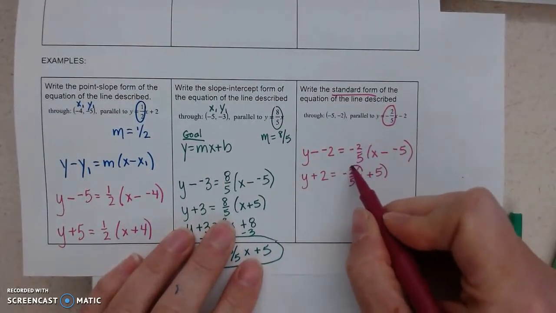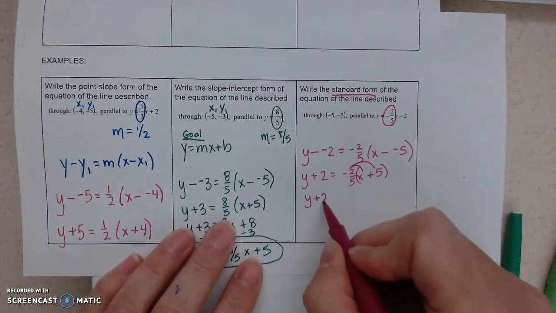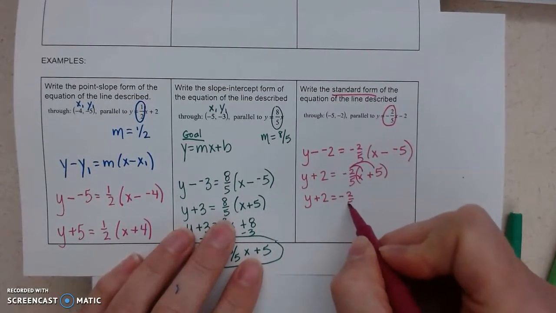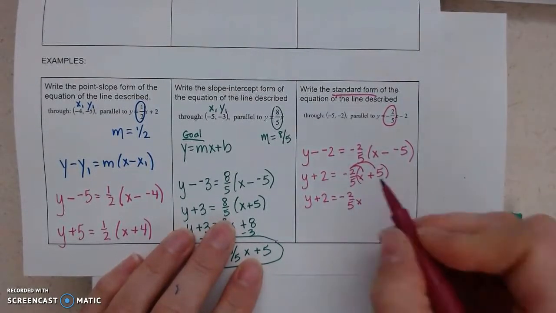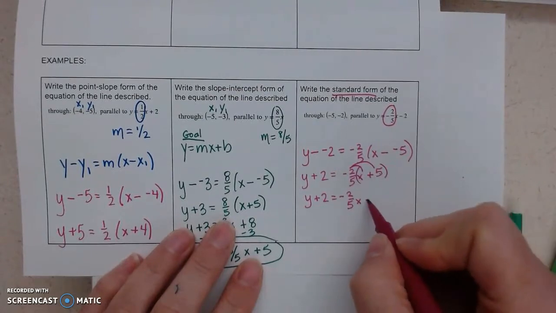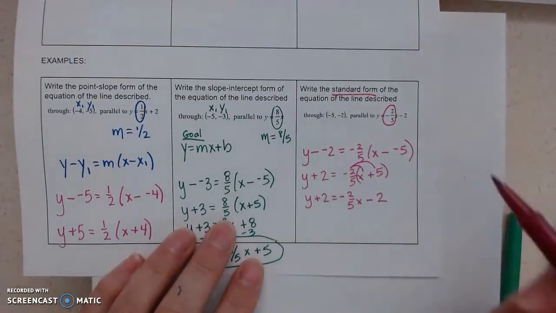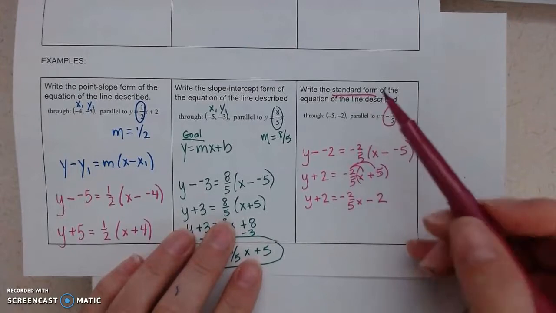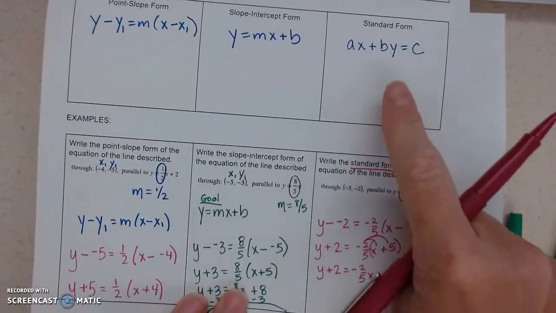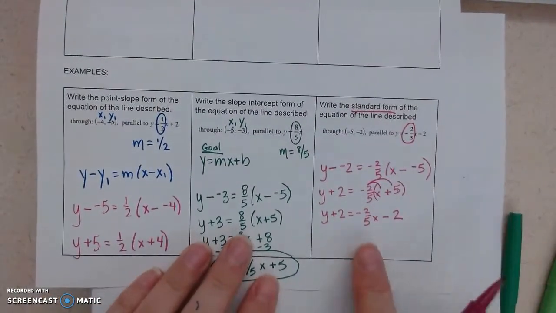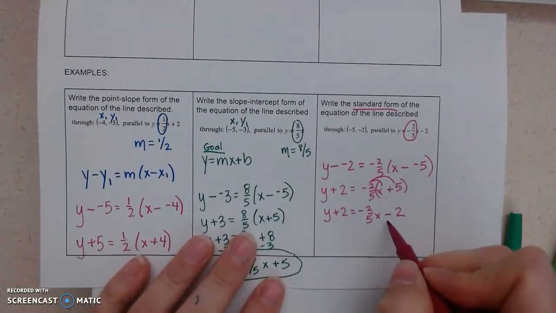So now we'll distribute. And -2/5 times 5. Now, for standard form, our goal is just to get x and y on the same side. So I am going to add 2.